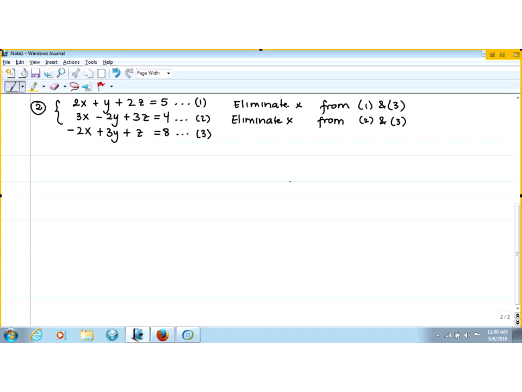Maybe it's easier to use that, so you get it right away. Okay. And you still have to eliminate x from something else, right?